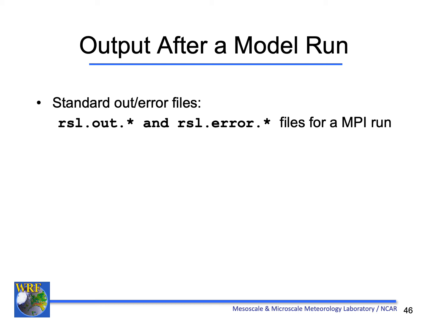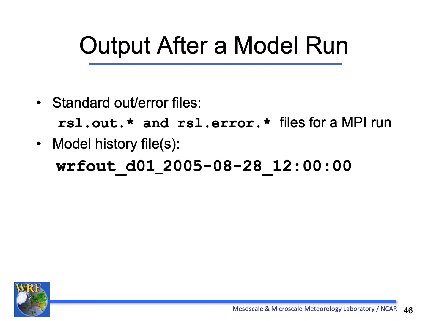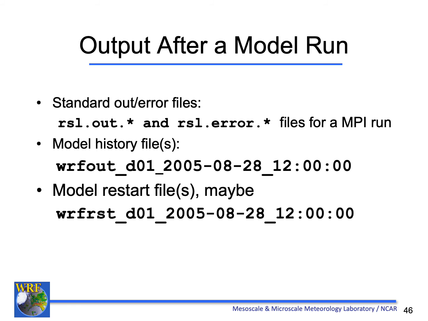Even if the model fails, we should still get these files, where we may find clues as to why the model failed. If the model run is successful, we should have one or more wrfout files. If we set the restart interval small enough, we may also get some restart files.